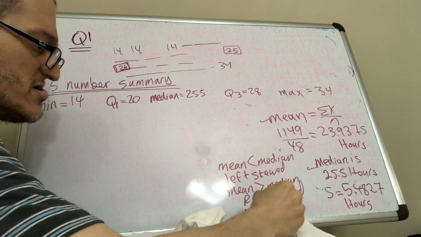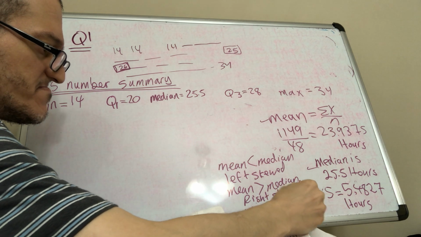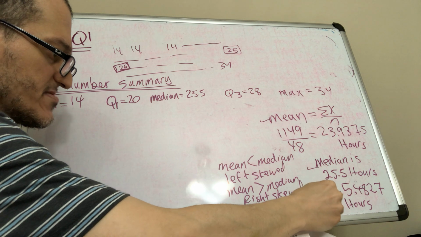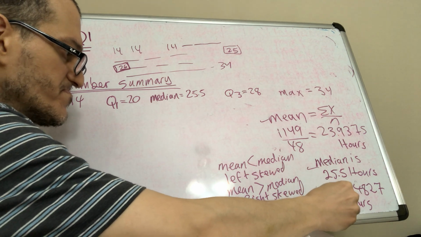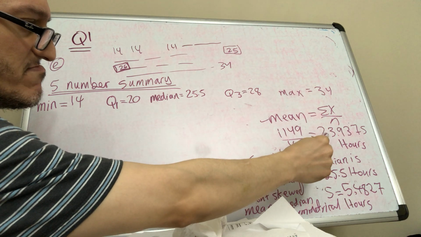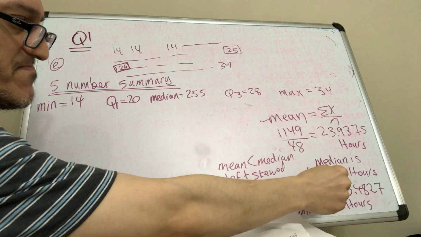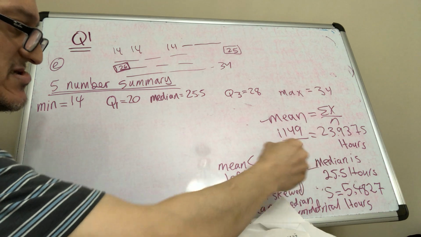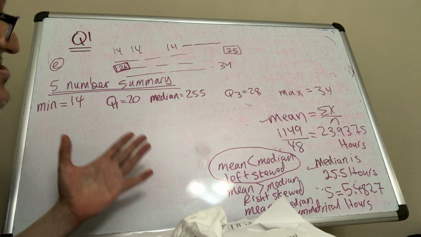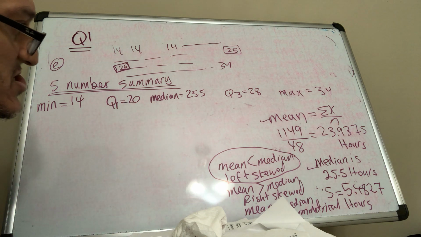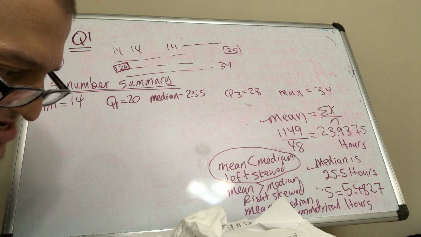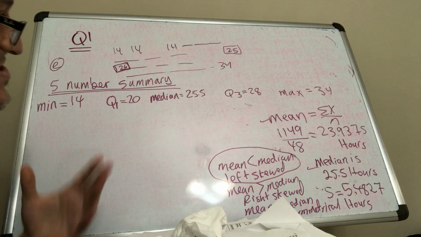And when they equal each other, you have symmetry. And according to the calculation, the mean is 23.9, the median 25, so the mean is less. We know we're left skewed. This should match, not necessarily all the time. Sometimes it doesn't match. But we're hoping that this matches.